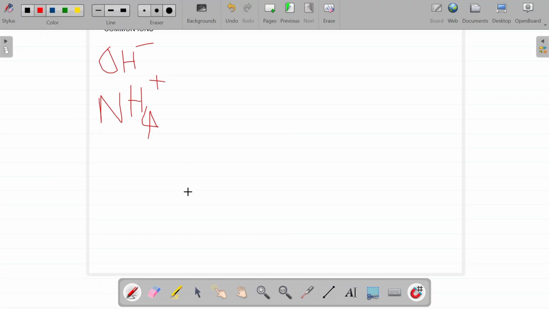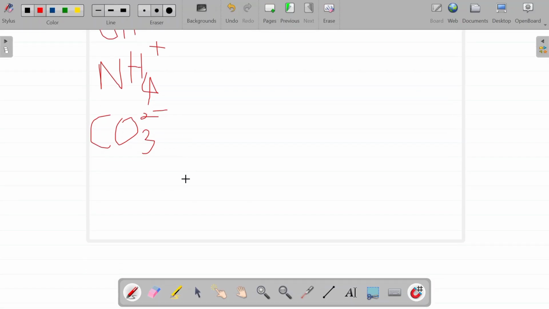And we also have CO3 2 minus. Then let me add one more. Let's take NO3 minus.